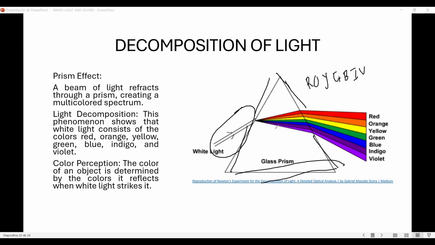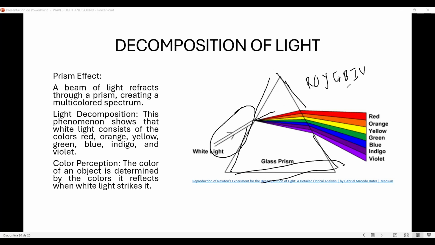When white light passes through a prism, it bends, as you can observe here. It refracts, and this refraction changes the angles depending on the wavelength of each color.